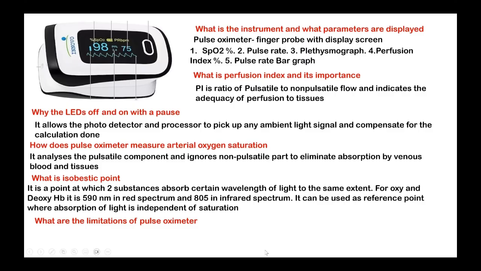What are the limitations of pulse oximeter? Battery operated, sir.